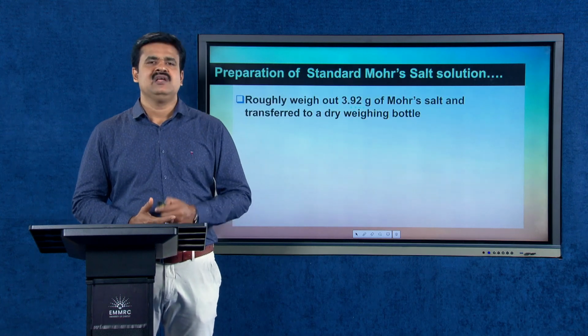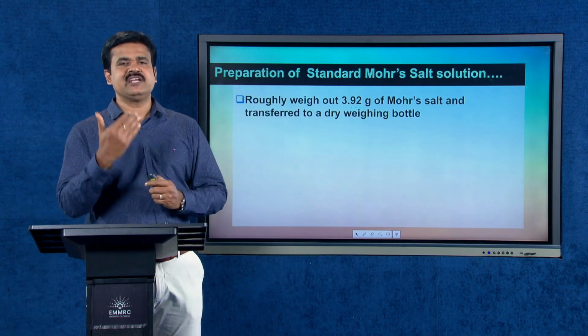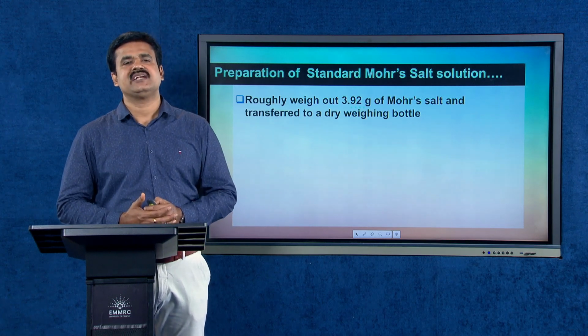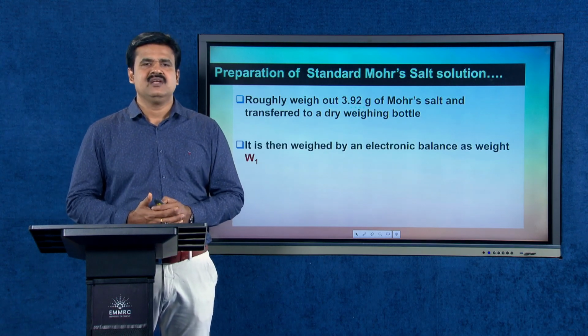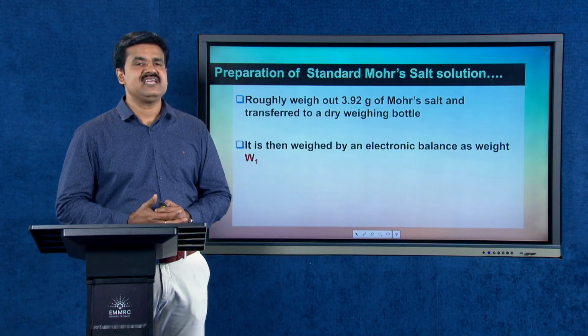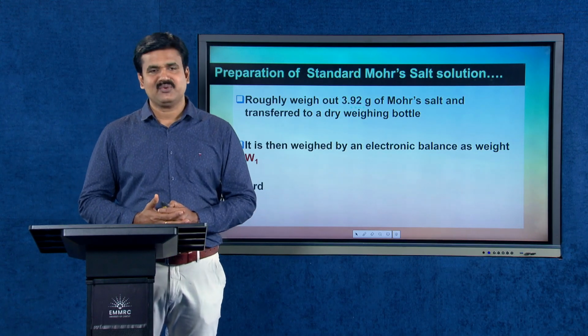Now, roughly weigh out 3.92 gram of Mohr's salt and transfer it to a dry weighing bottle. It is then weighed accurately by an electronic balance, and the weight is recorded as W1.